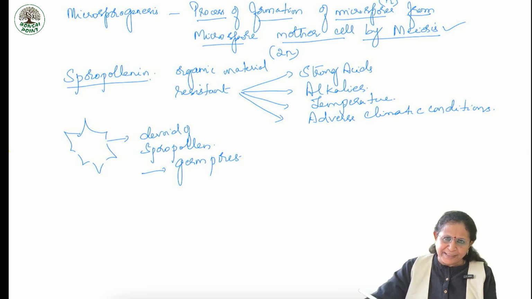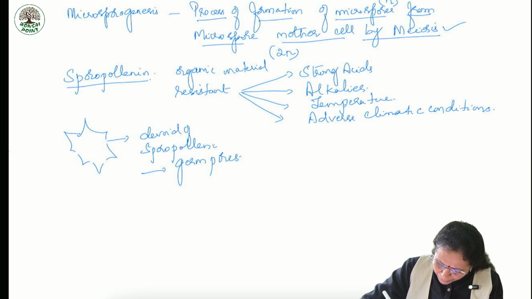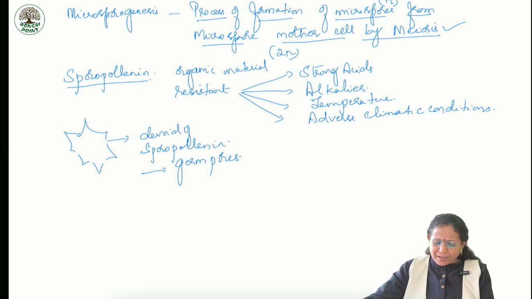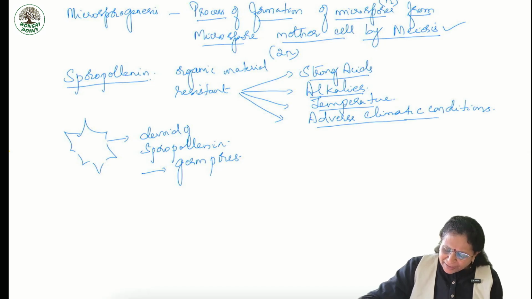How? Let us see. Before that, I will just repeat once more. Organic material that can withstand strong acids, alkalis, temperature, adverse climatic condition. It is said that it will not degrade for any of the enzymes too.